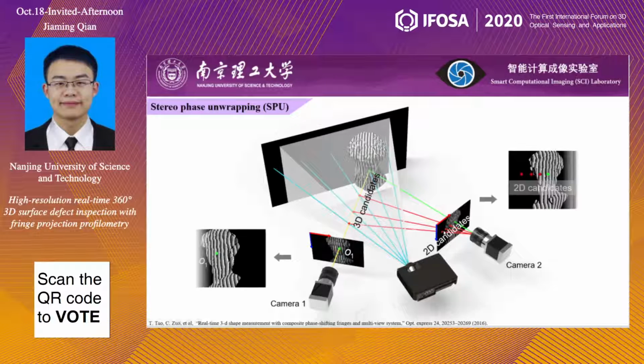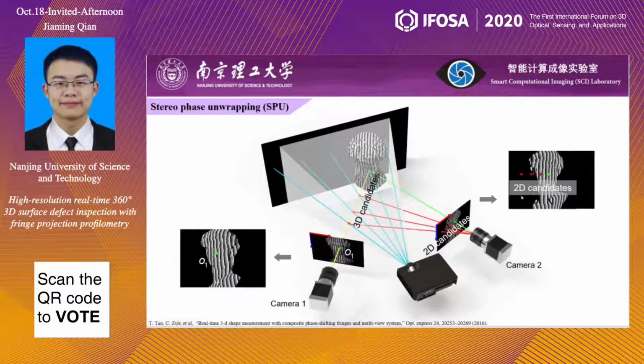Among these 2D candidates, there must be a correct matching point, which has the most similar unwrapped phase value with P1. Then the phase consistency check is performed to find the matching point, and the ambiguity of P1 can also be removed. With SPU, we can realize real-time 3D information acquisition without projecting any additional fringe patterns.